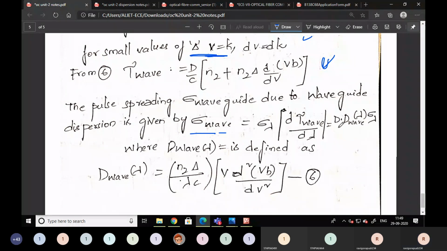Then D waveguide of lambda into sigma lambda, same as material dispersion, where D waveguide of lambda is defined as the constant term n2 delta by lambda c into V d square Vb by dV square.